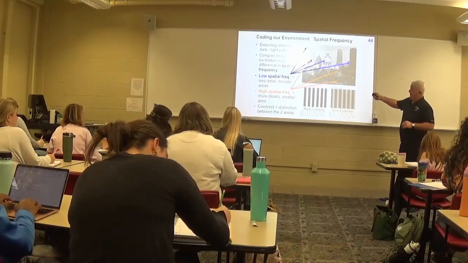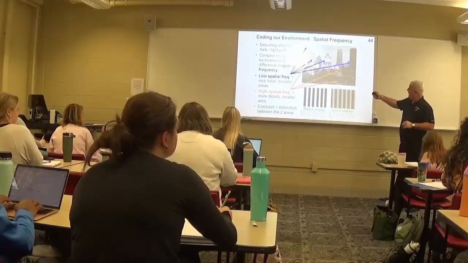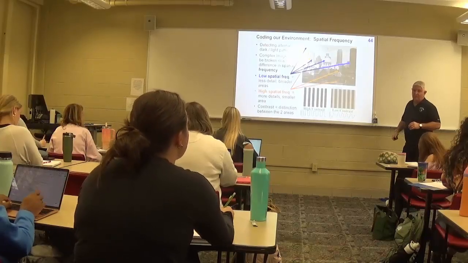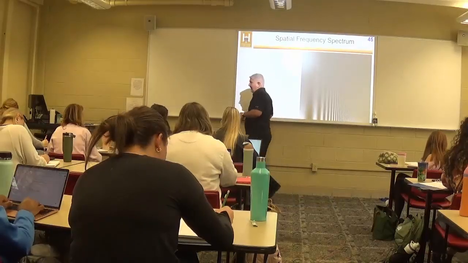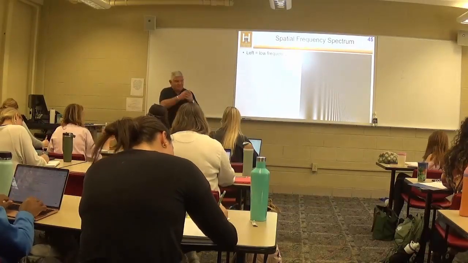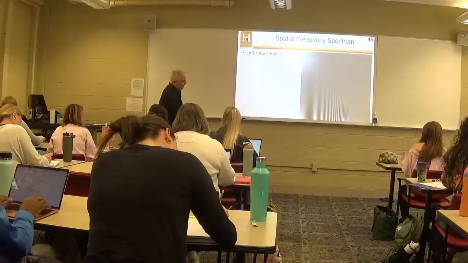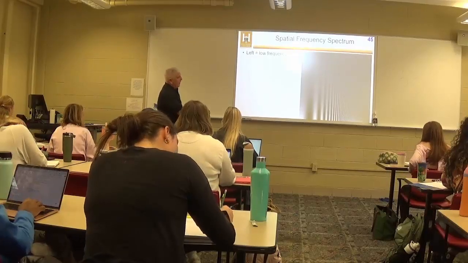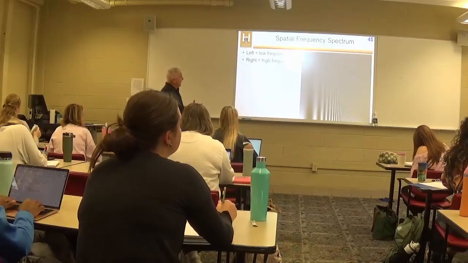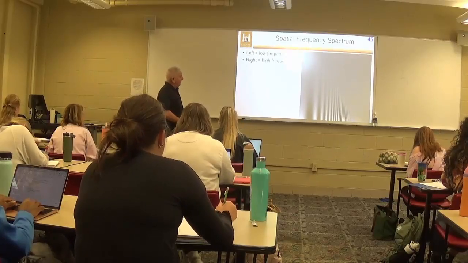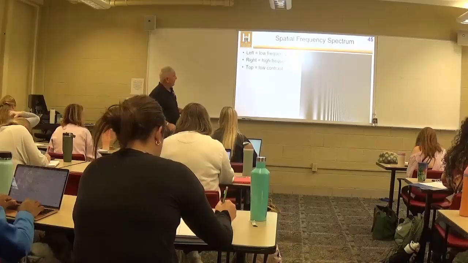Low contrast, high frequency, still high changes in light, but low contrast. Okay, so this sort of shows the whole spectrum. High contrast at the bottom. As we go up, the contrast goes away, right? The right is high frequency, the left is low frequency.